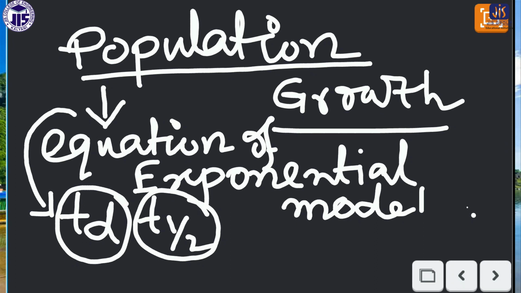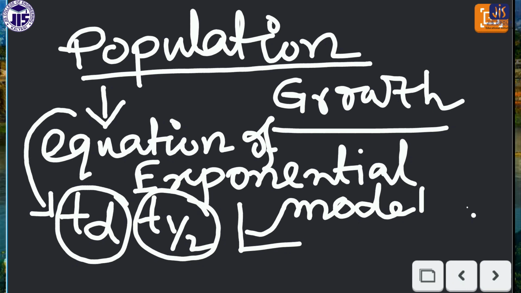Then we discussed the curve of the exponential growth model. That means the exponential growth model is always increasing, and that's why it is not according to the practical scenario, so it is not right. And we also discussed why we are not getting the appropriate curve.